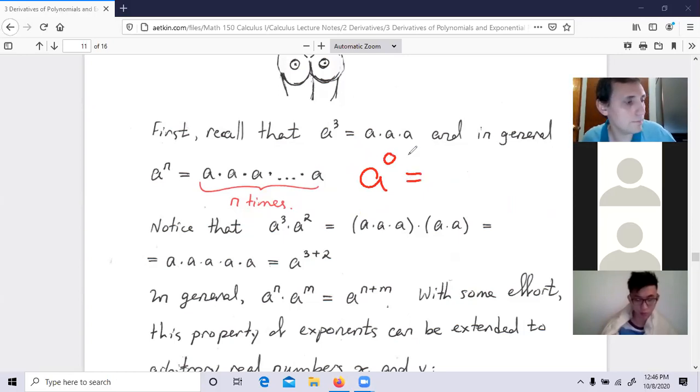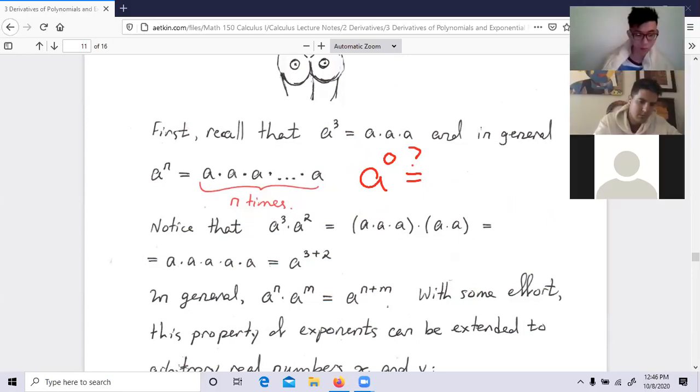A to the 0 is what? Why is it 1? But why is anything to the power of 0 1?